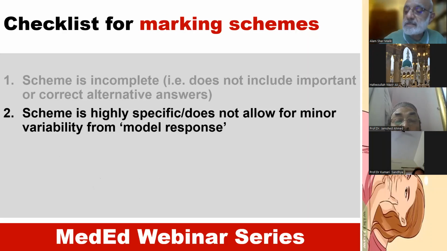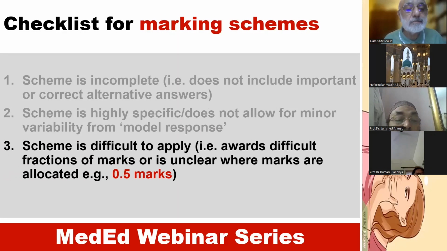As I mentioned earlier, sometimes students do respond and their answer is reasonable, but that has not been captured in the model answer. So there should be enough flexibility to accept those answers. And then make sure that the scheme is not difficult to apply, for example by awarding difficult fractions of marks.